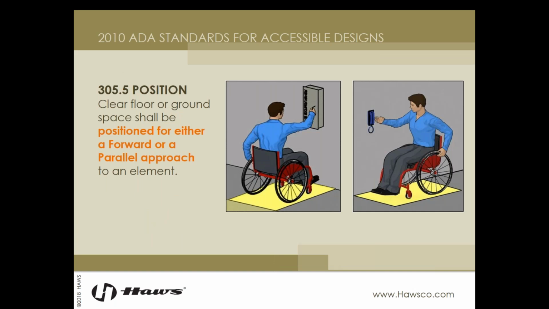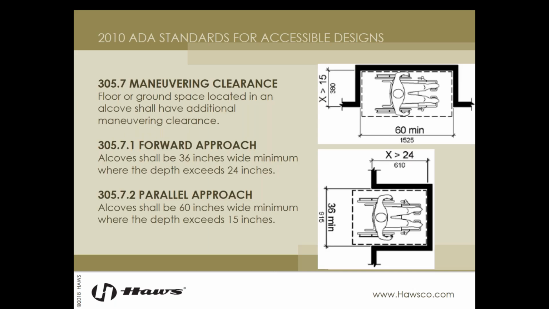The drawing on your screen is an example from the Access Board website and draws a pretty clear picture of how floor space for forward and parallel approach can be accomplished. In this example, our elements are a phone and a fire extinguisher. And like I said, not just pertaining to drinking fountains.